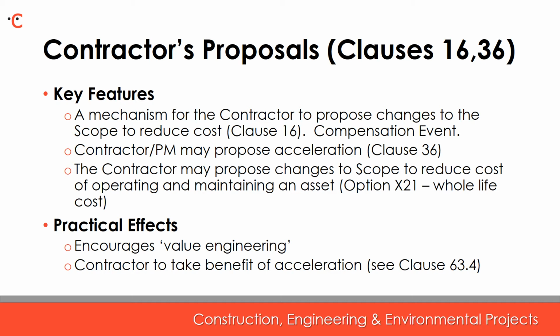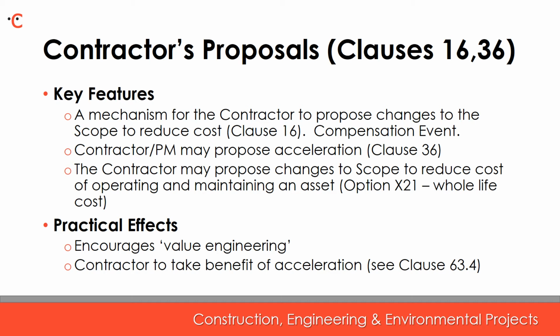The contractor can also, pursuant to clause 36, propose an acceleration in order to achieve early completion before the actual completion date. However, there are no changes in terms of the process for quotation and acceptance or rejection of that acceleration proposal.